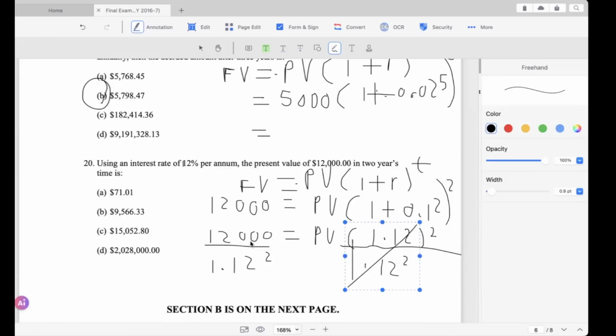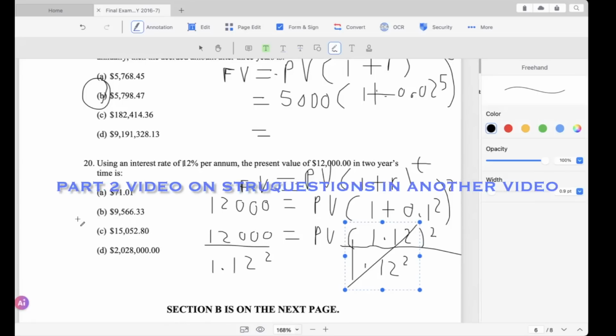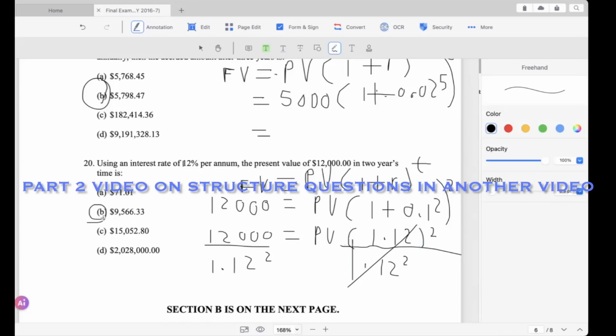So dividing this, we need our calculator. So enter 12,000 divided by 1.12 squared. That's going to give us $9,566.33. So the answer is B.